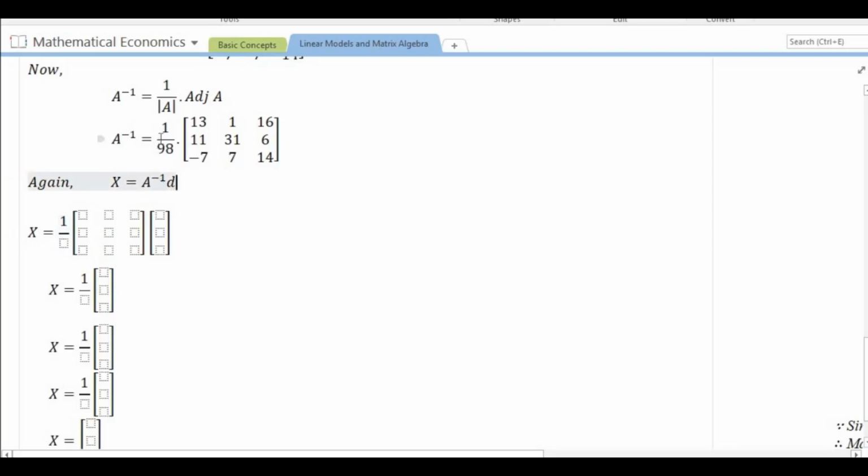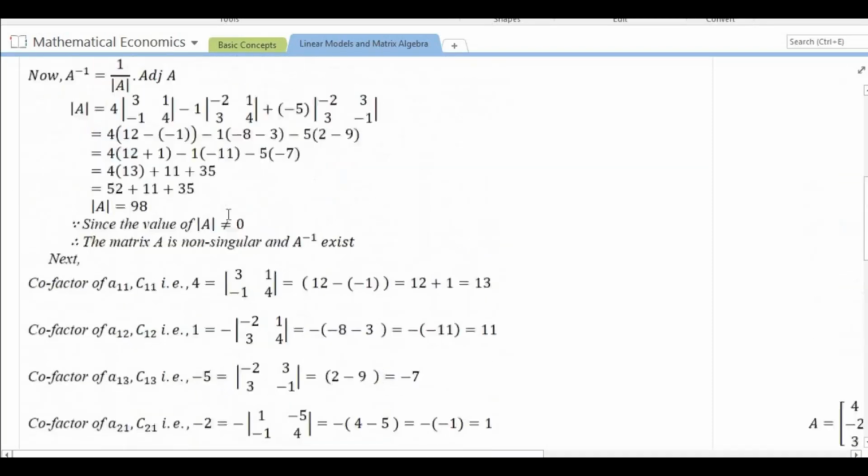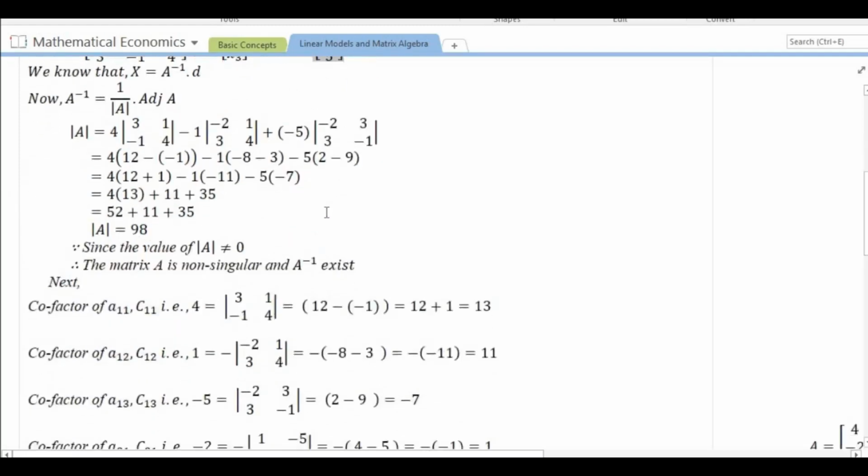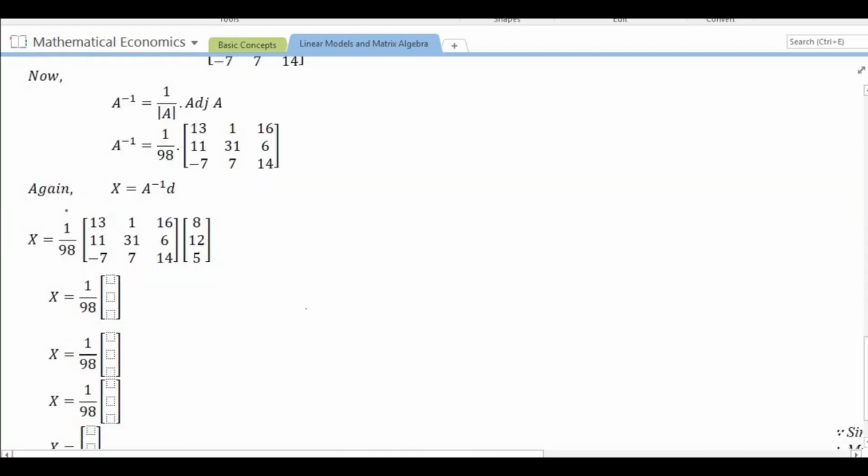So we'll substitute A inverse in the formula with D, which is the constant terms vector. Let us simplify further. In the simplification process, we'll leave this fraction out here, 1 by 98 as this, and we are going to multiply this matrix with this vector.